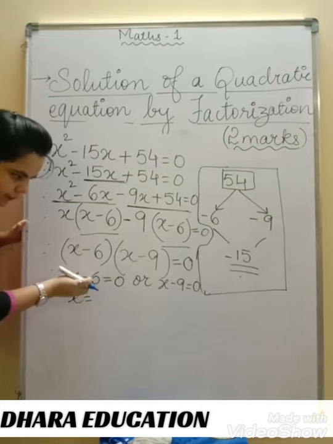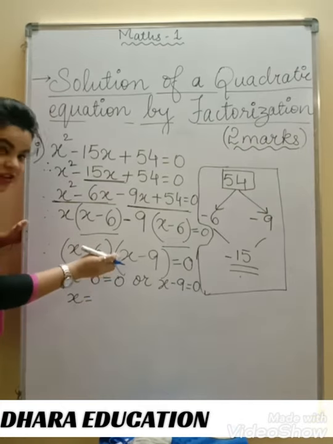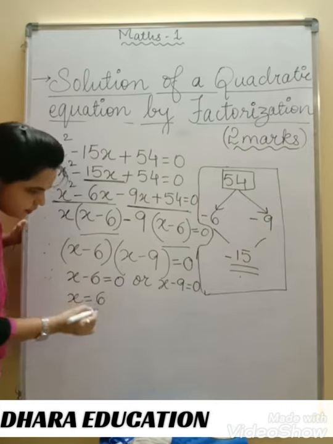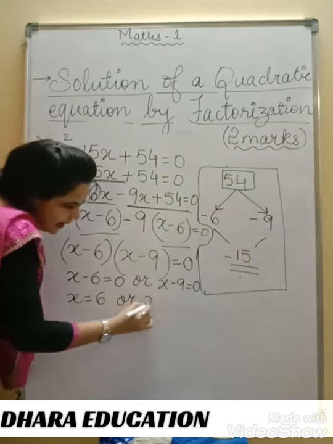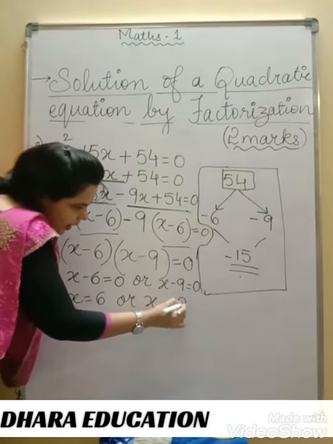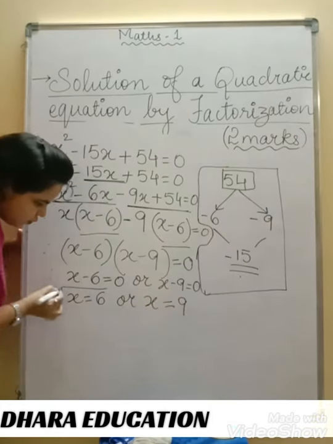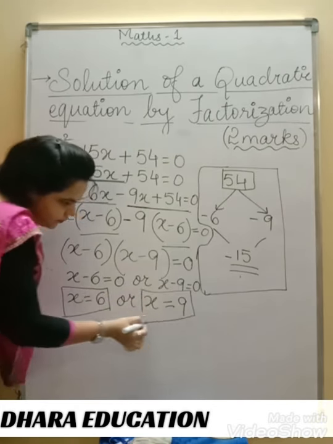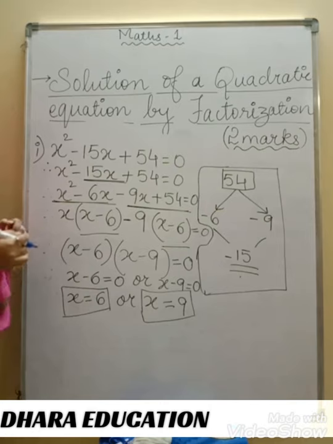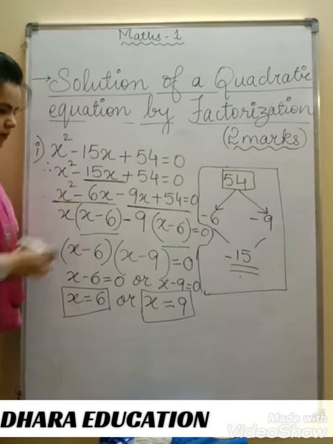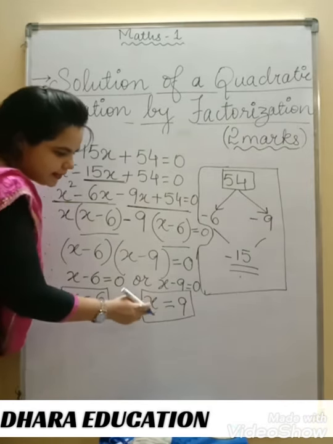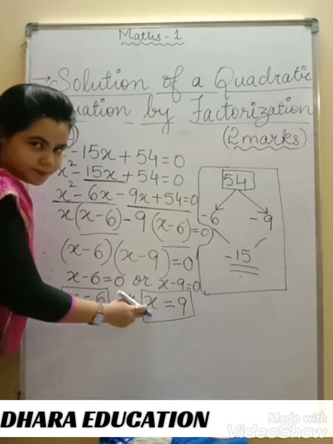Here it is negative and on the right hand side it will be positive, that is 6. Or you can write x equals to 9. Okay. So these two I will highlight. So therefore we can conclude the factorization of this particular sum gives either x equals to 6 or x equals to 9.